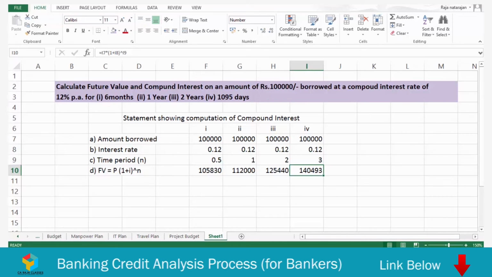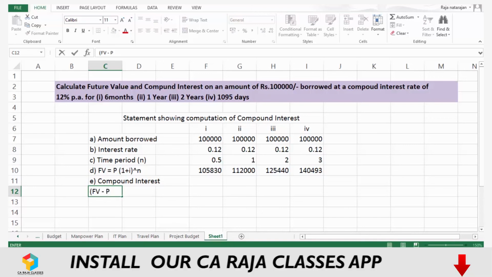Now the question also wants me to find out compound interest. So what is compound interest? Compound interest is nothing but future value minus the principal. Here the compound interest is the future value of 1,05,830 minus my principal of 1 lakh, so my compound interest is 5,830.